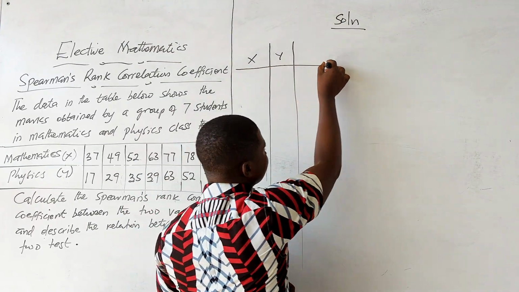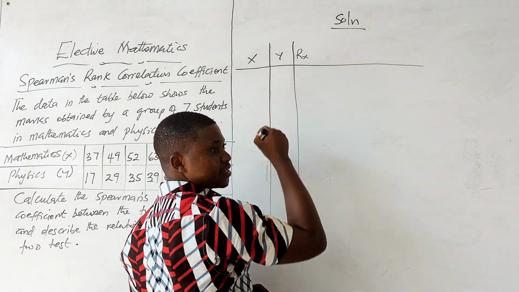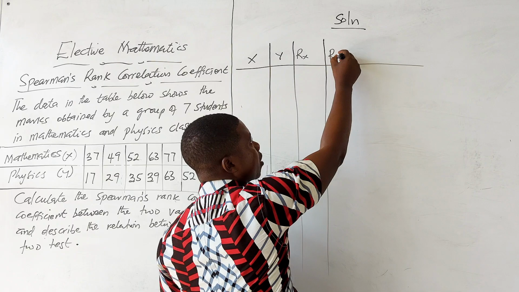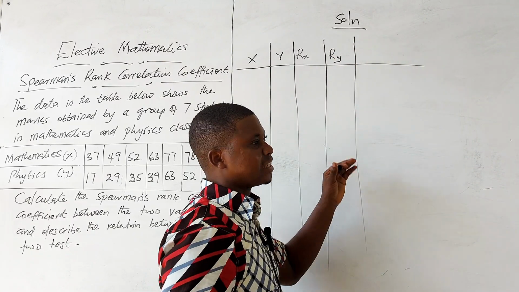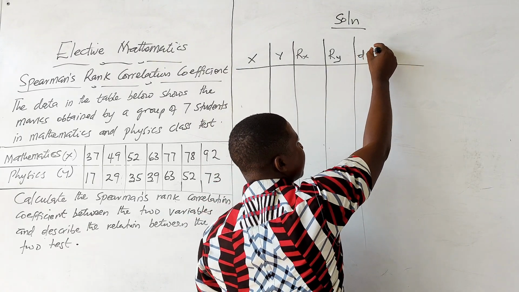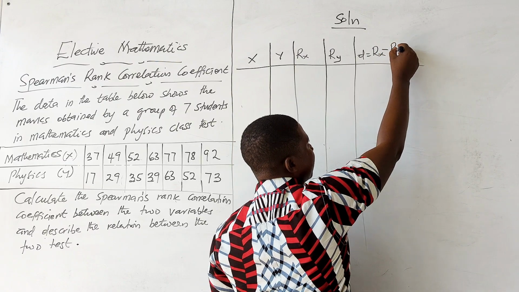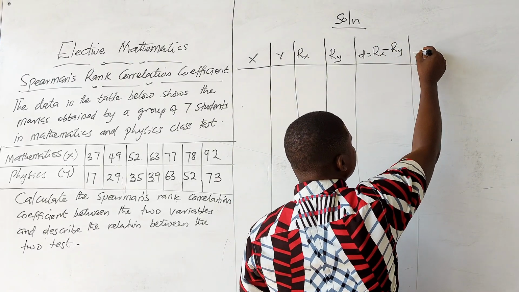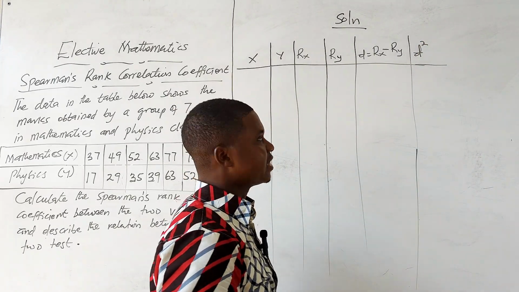Then we are going to rank all the values of x, then rank y. After that, we find the difference, d, which is the rank of x minus the rank of y. Then the last thing is d squared. So this is the table.